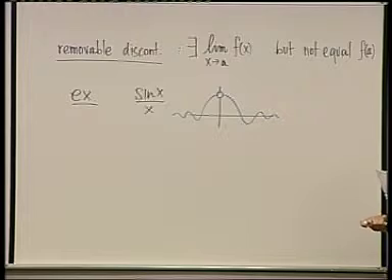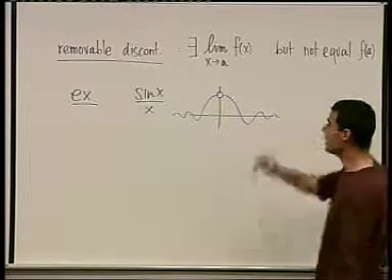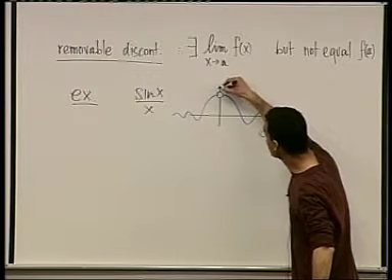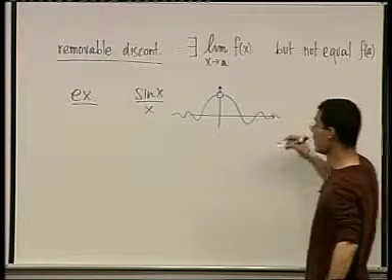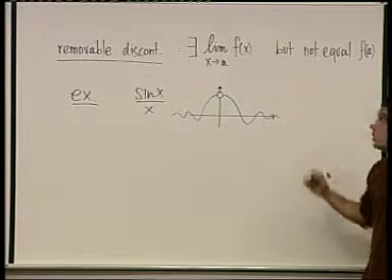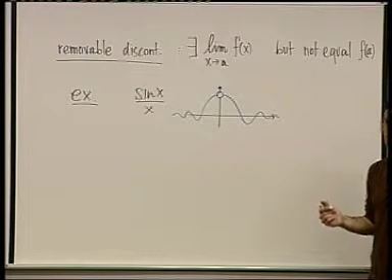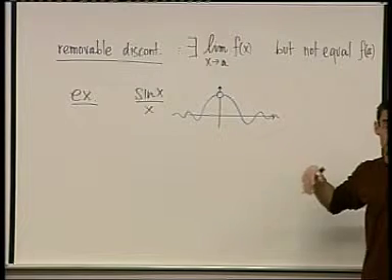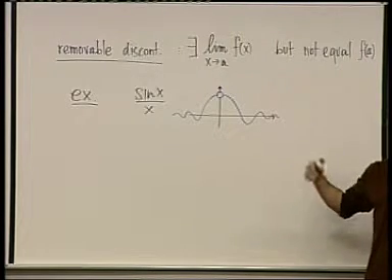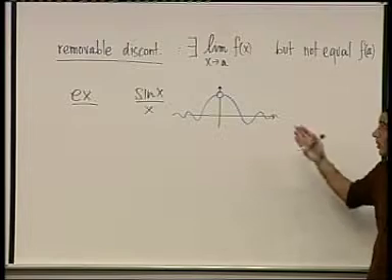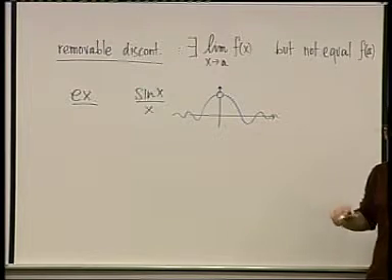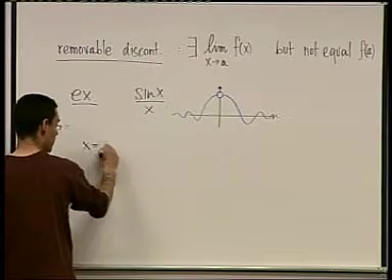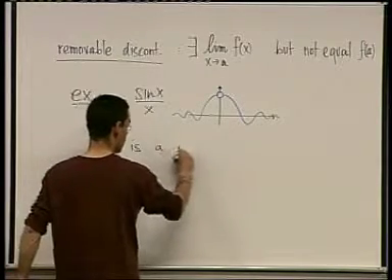However, the function is not defined at 0. Sorry, the function is not defined at 0. So in particular, the limit does not equal the value of the function at 0. So 0 is a removable discontinuity. So x equals 0 is a removable discontinuity.